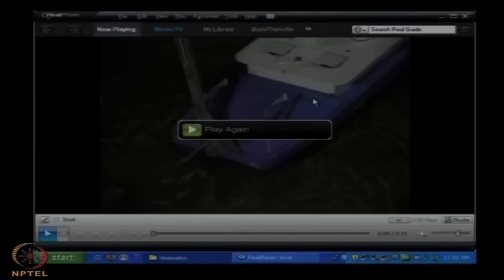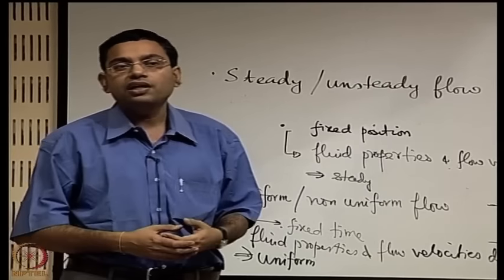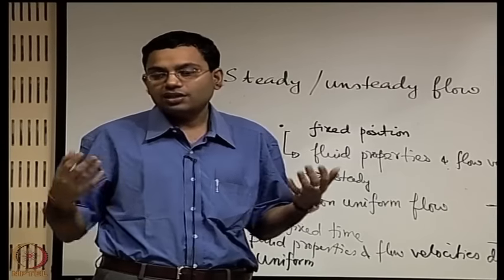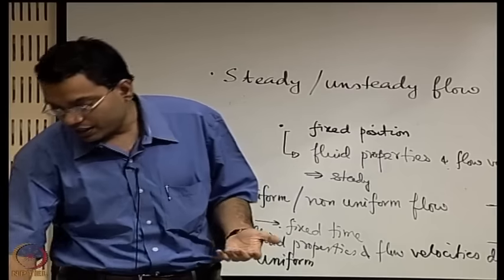So with this background, what we will do next is try to see that we have got a basic concept of what should be the description of a flow in terms of change in position, change in time, and the description of the flow velocities. The velocity vector v may have individual components along x, y and z.